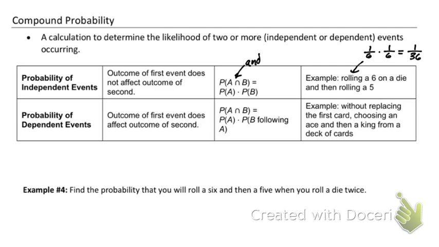So it says, without replacing the first card, choosing an ace and then a king from a deck of cards. So I have a deck of cards and I pull out an ace. I hold on to that ace. You now have less cards in your deck for me to pull from. So my pulling an ace actually affected how many cards are still there.